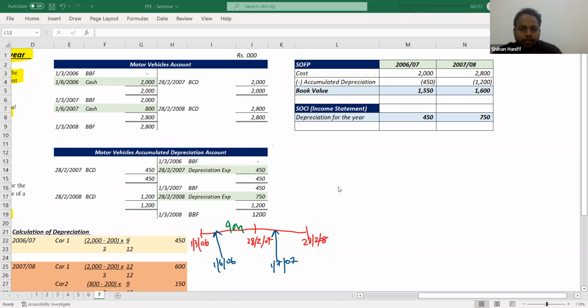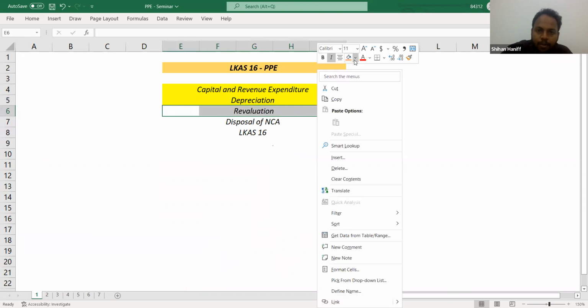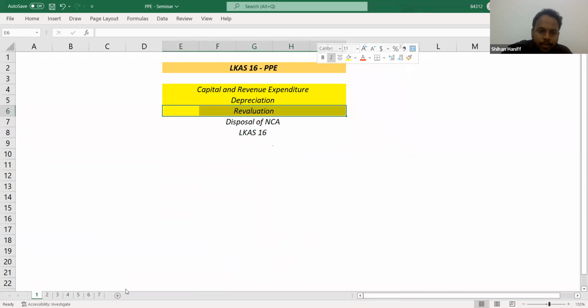Right. Next, we did depreciation. Now, the third point is revaluation.